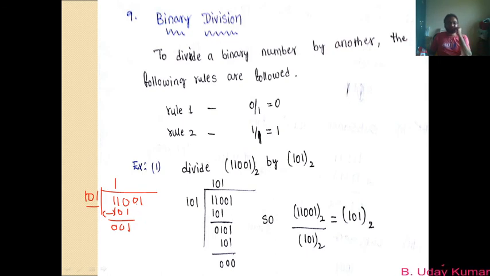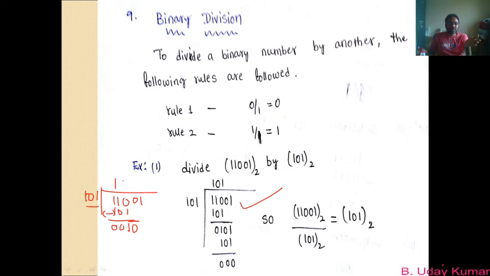You have to bring 1 0 from the binary number which you are dividing to this part. If you do so, you get this one. But unfortunately what you want to divide here is smaller than 101. I have done it directly, using the direct step. You need not do that. If you want to understand, you can do it step by step also.